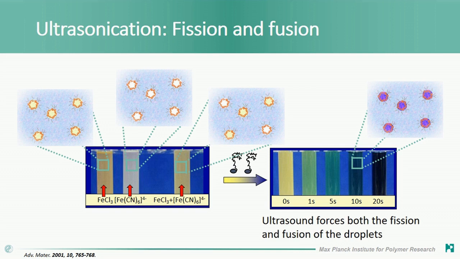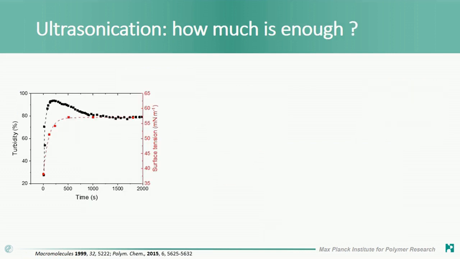It's very complex what is going on in the ultrasonication. But what we want to do is to reach at some point a steady state where the droplets that we have are not changing anymore, that we always have the same number of droplets that have more or less the same size.